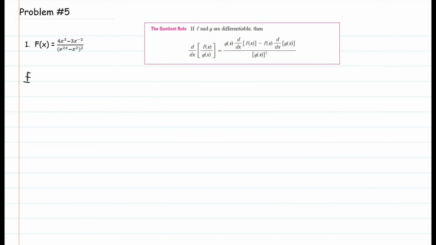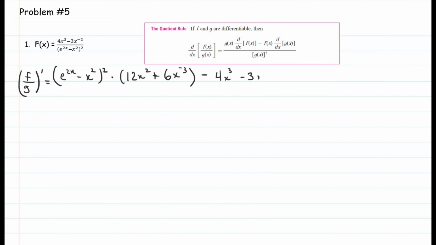So f over g prime is equal to g of x, which is e to the 2x minus x squared raised to the 2nd power, times the derivative of f of x, which gives you 12x squared plus 6x to the minus 3rd, minus f of x, which is 4x to the 3rd minus 3x to the minus 2, times the derivative of g of x.